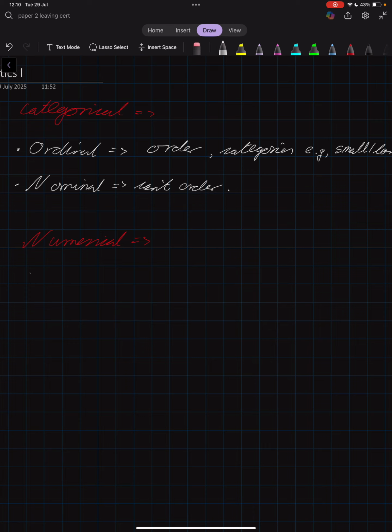So numerical, again, there's 2 different ways. You have continuous and discrete. So continuous data, so it's called continuous numerical data. So it'll basically be that you have an infinite number of values.